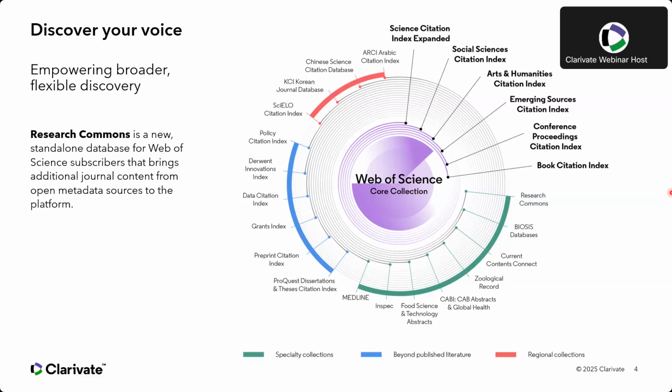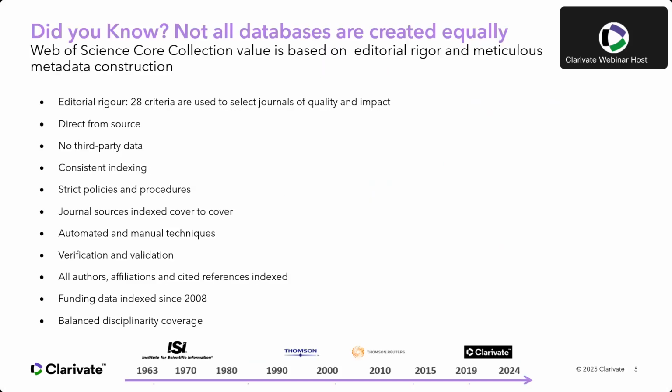There is an important element when you look at different platforms, different databases, that not all these databases have been created the same, right? The coverage of data, the metadata, and so on. And that's what I'm saying here. Not all databases are created equally.